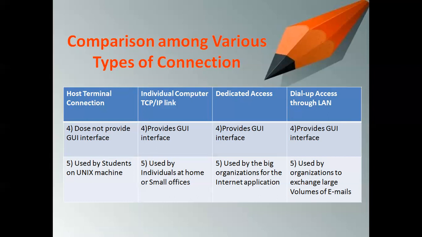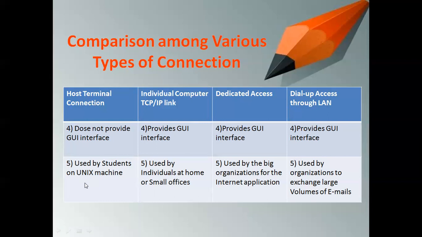Now the next one, and the last one, fifth: where it is used and who is using such types of connection. First, the host terminal connection is used by students on Unix machines. As I said, there are operating systems like Windows, but there are also Linux and Unix.